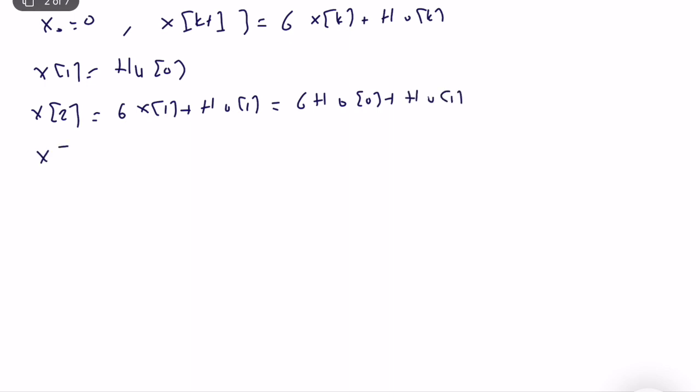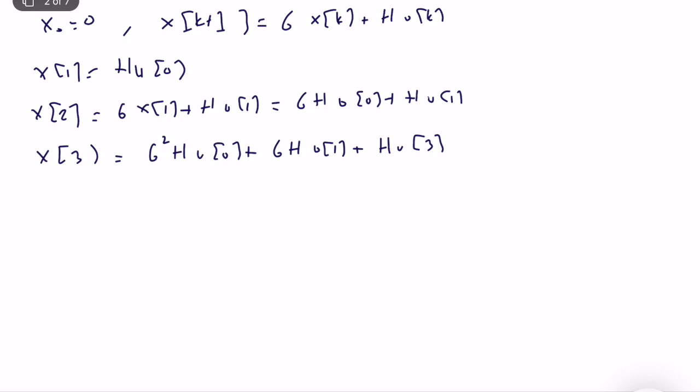If we compute x of 3, we will see that it will be equal to g to the power 2 h u0, and now we are obtaining a pattern, plus g times h u1, plus h u2.